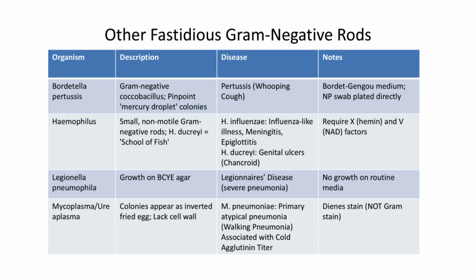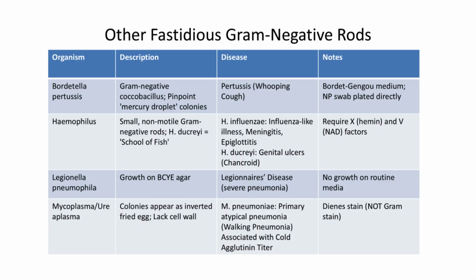Within this group, Haemophilus influenzae causes influenza-like illness, meningitis, and epiglottitis, while Haemophilus ducreyi causes chancroid, a genital ulcer disease. On gram stain, H. ducreyi often appears in a school of fish arrangement.